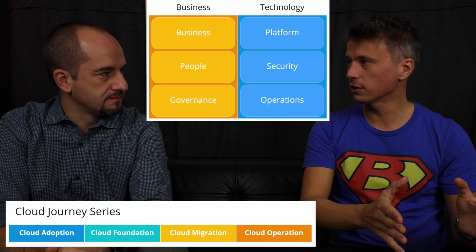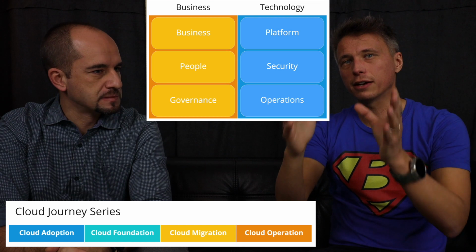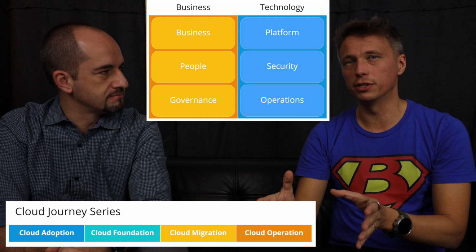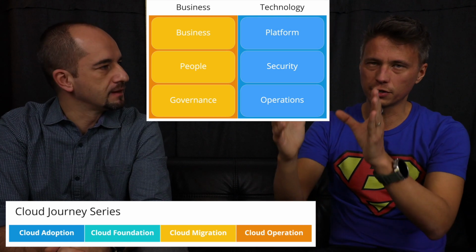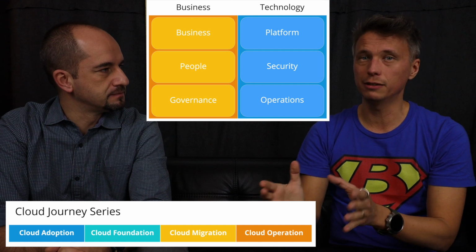So just to clarify what we have done so far, or where we are. As we remember from the previous episode, we were talking about cloud adoption, and there are business topics to deal with, and there are also technology topics to deal with. Now we're going to talk about the technology side a bit more in detail.